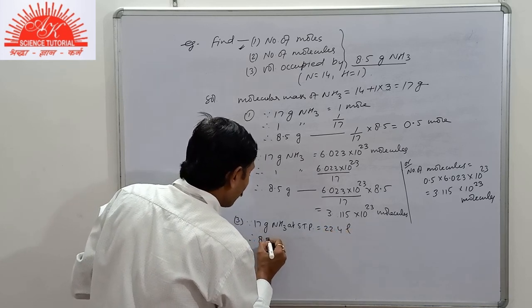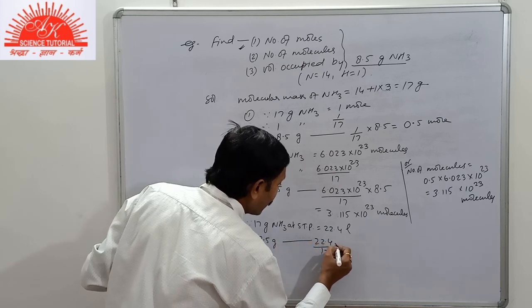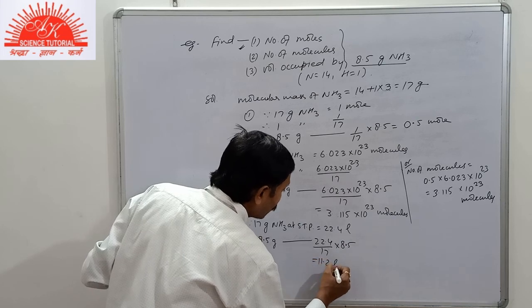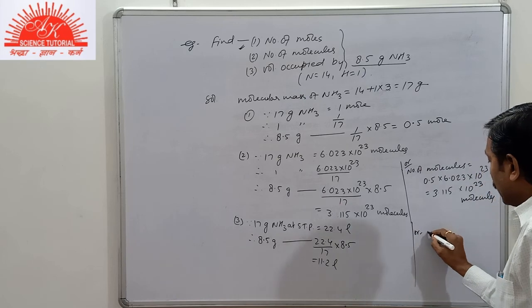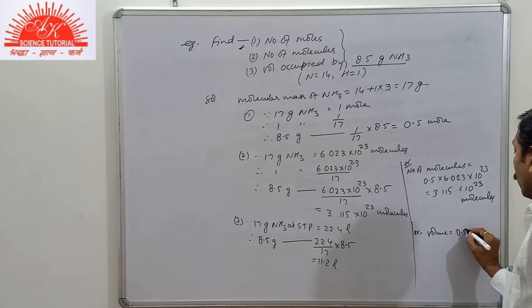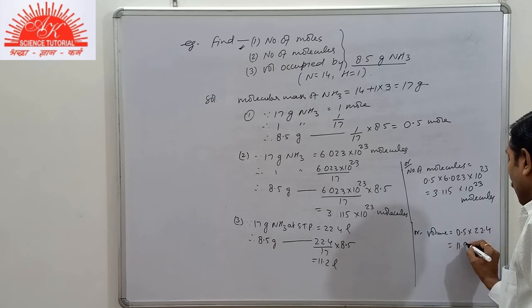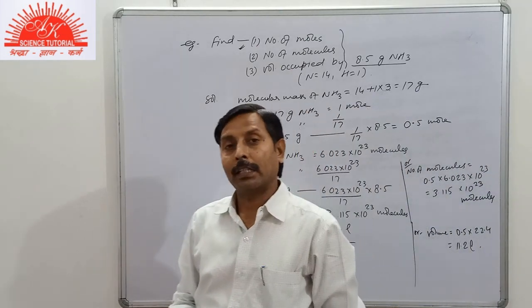So 8.5 gram will be 22.4 by 17 into 8.5, hence 11.2 liters. Or in short, you can write directly that volume is equal to the number of moles multiplied by the standard value, hence 11.2 liters. So you can write by any one of the methods.